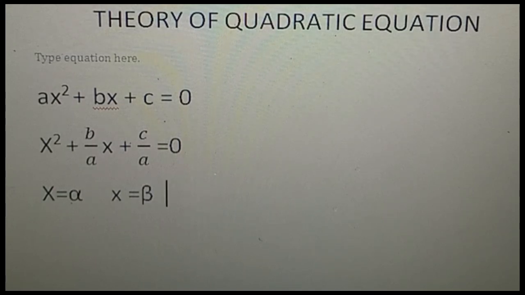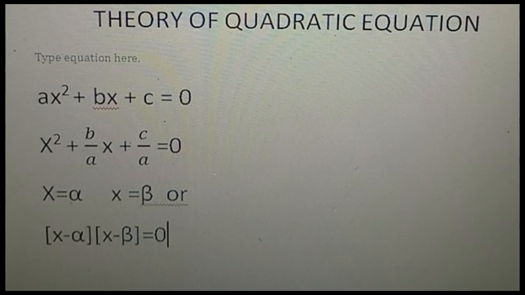Or we can just say, bracket x minus alpha and bracket x minus beta, all equals 0.